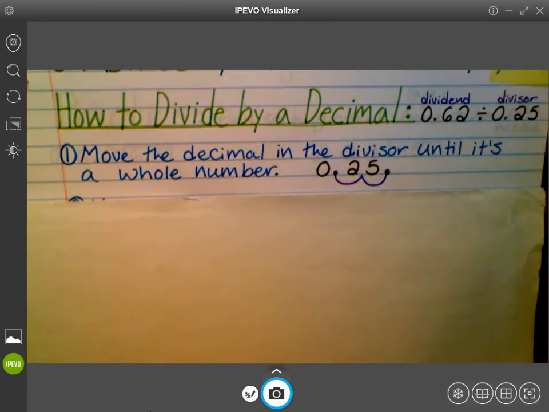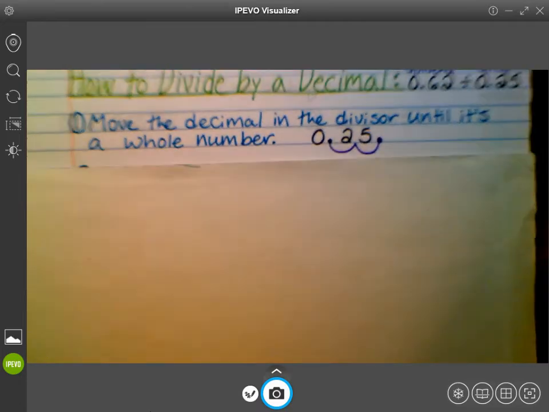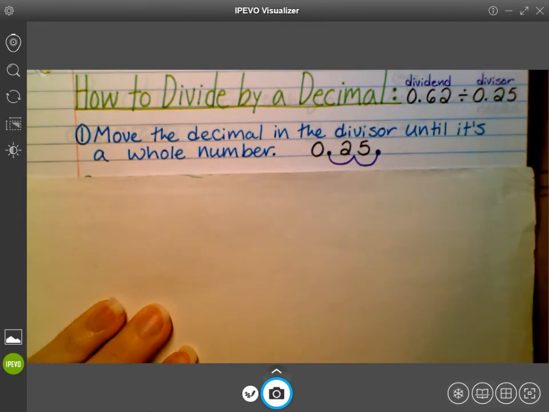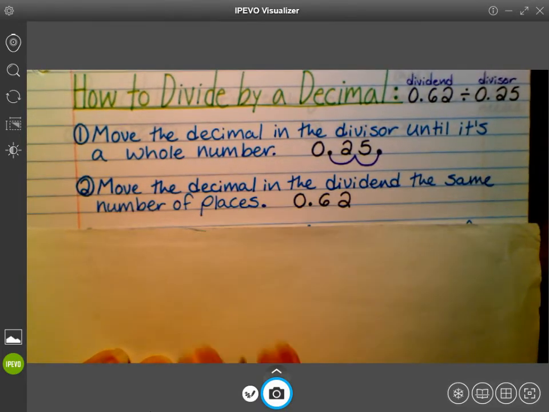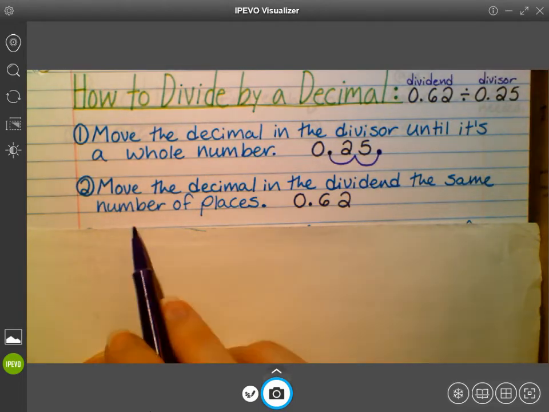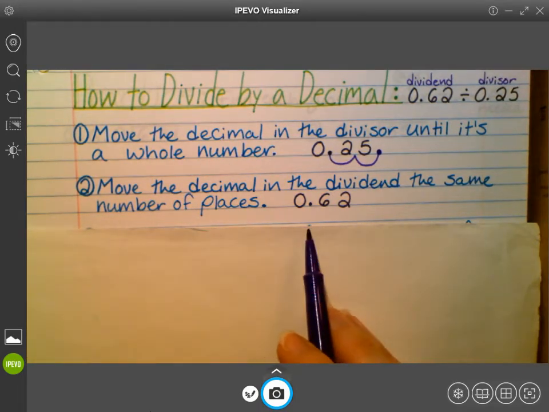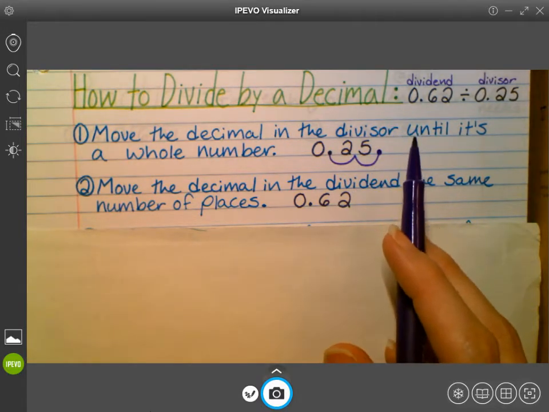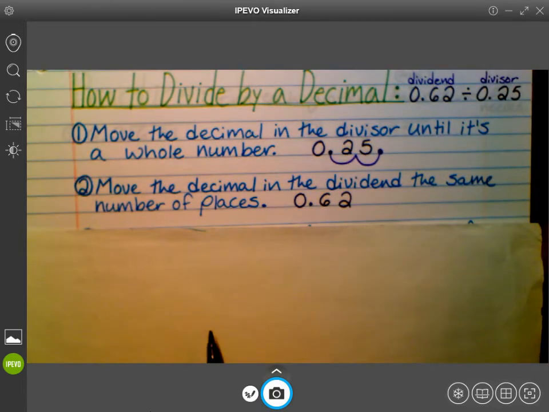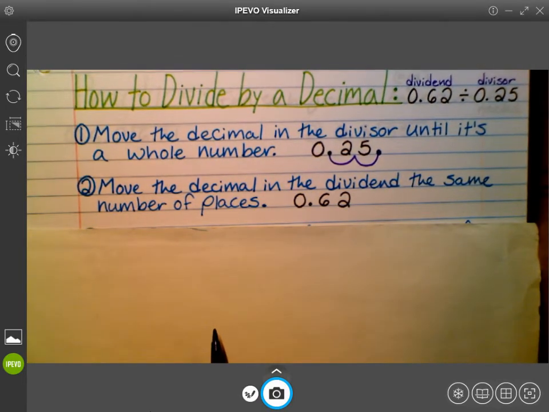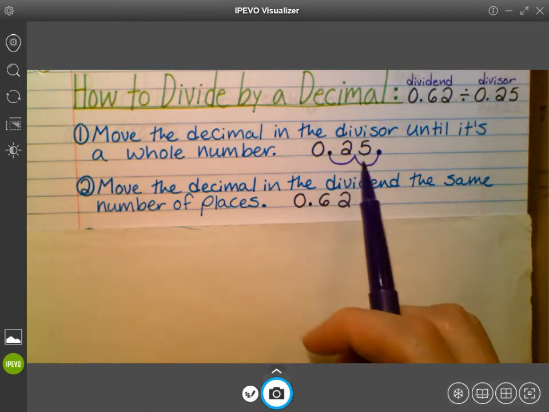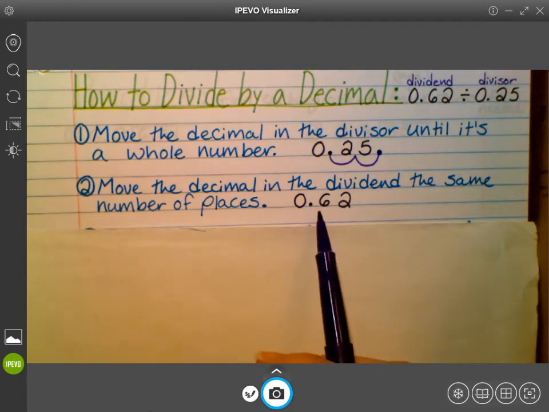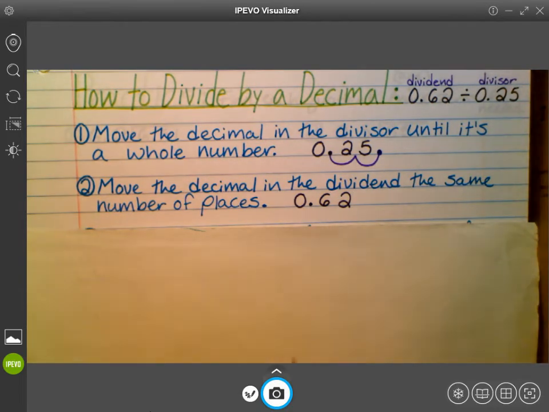Now, we can't just move the decimal in only the divisor. Our second step, move the decimal in the dividend the same number of places. Now, fifth grade, this is very important. It's the same number of places. If we were to have 0.623 as our dividend, it would remain a decimal number because we're only moving it over 2 times. In this case, though, it happens to make our dividend a whole number as well.